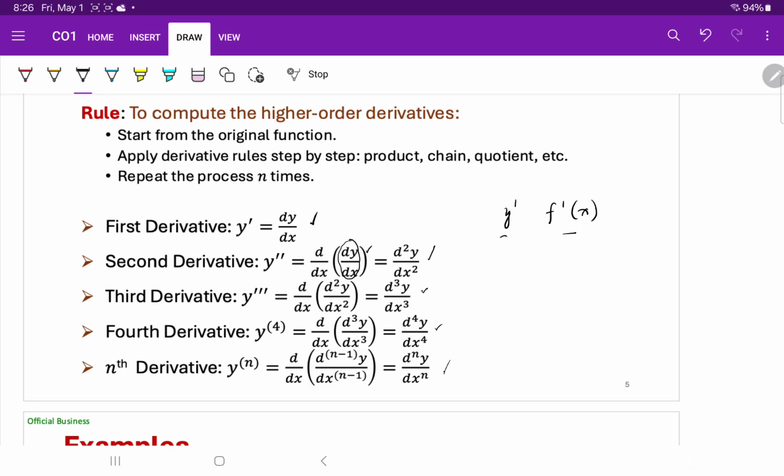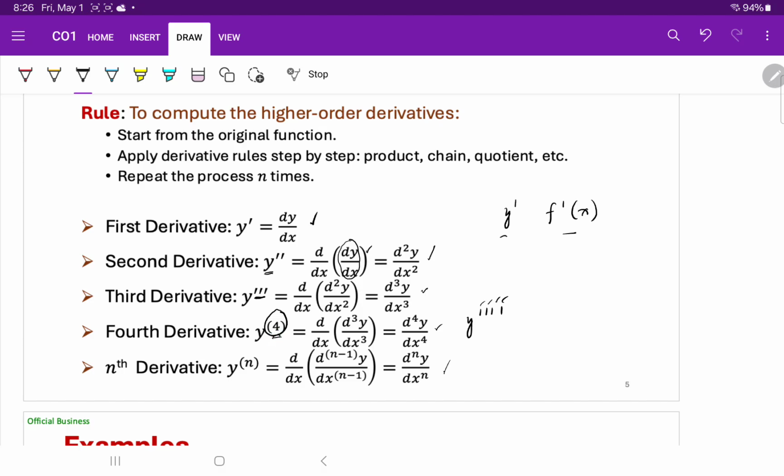Instead of y prime, you could write y double prime, y triple prime, but when it comes to the fourth derivative, you don't write it in this manner, because there would be a lot of primes here. Instead, we write it as y to the fourth.